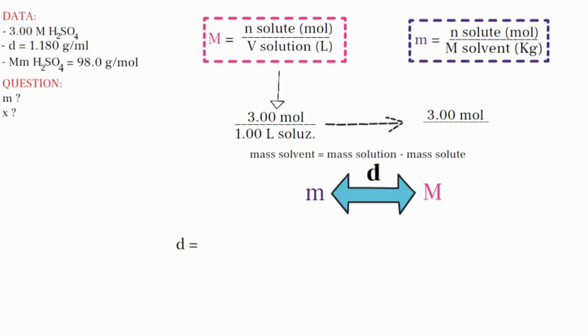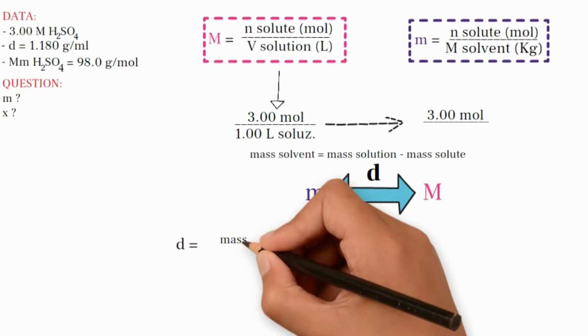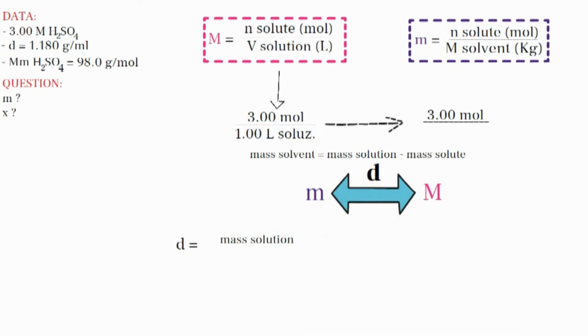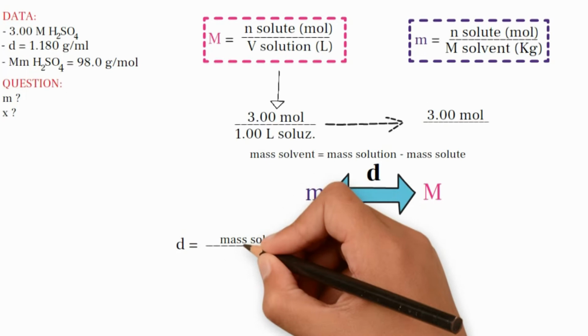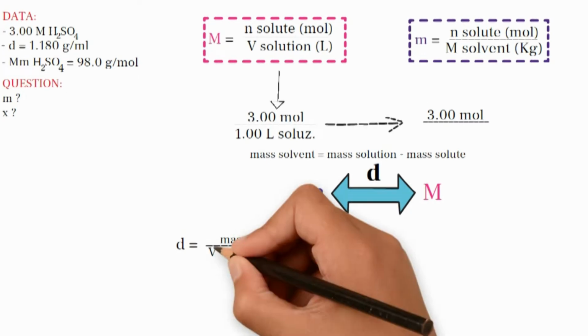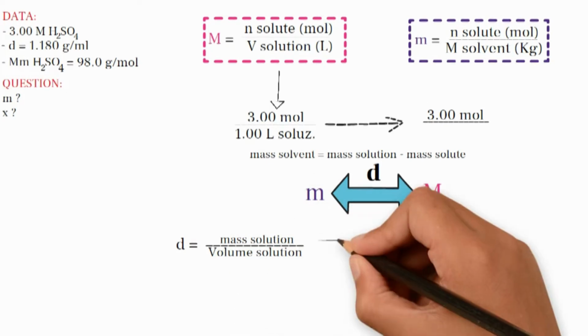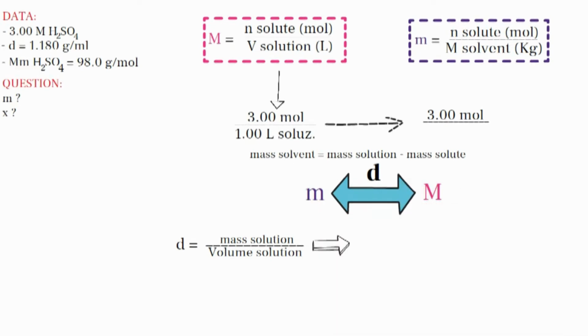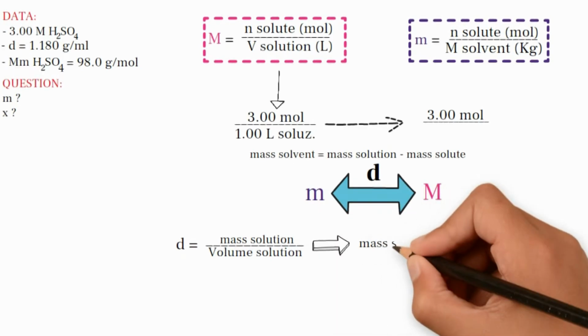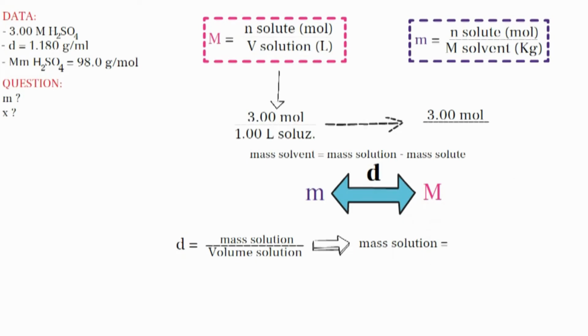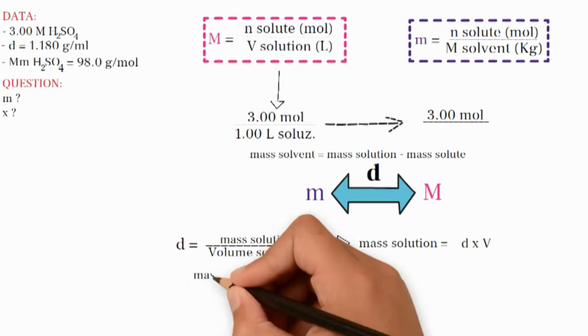We have the density of the sulfuric acid solution. So density is the mass of solution divided by the volume of solution. And this entails that the mass of solution equals density times volume.